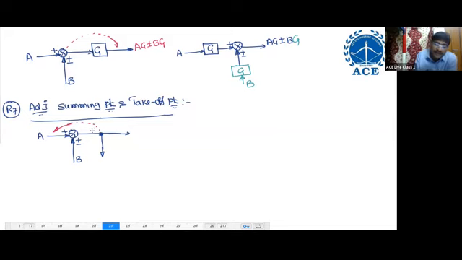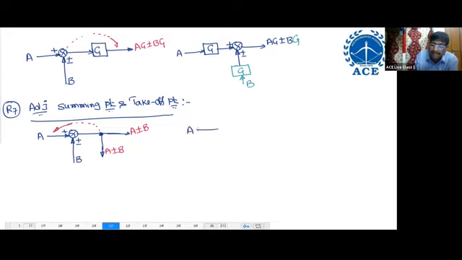What is the output we are getting here? Tell. A plus R minus B. Here also what we are getting? A plus R minus B. Shift and then do it. If we shift it, what will we get?